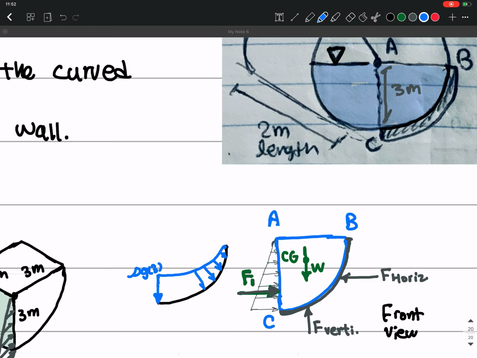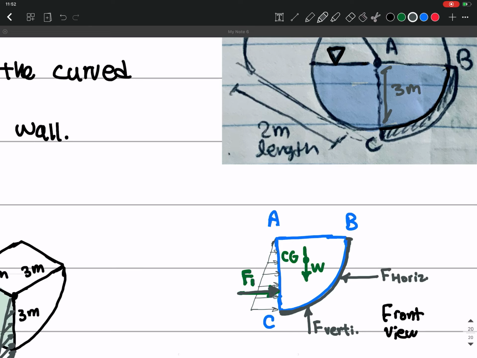where the pressure force is always perpendicular to the surface, right? And if you want to calculate this, it is going to be very difficult. And you see that the sum of all the horizontal forces is going to be this, and the sum of the vertical forces is going to be this vertical force. And because this is so difficult, I'm just going to consider a simpler version of that, which is shown here.